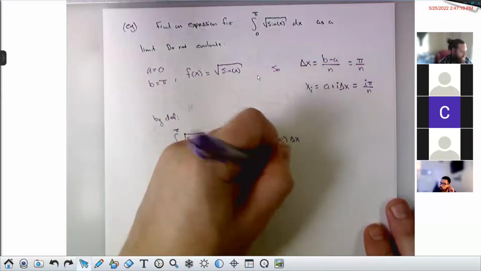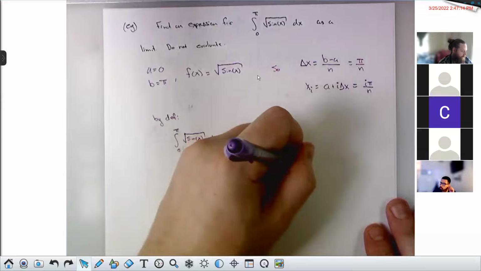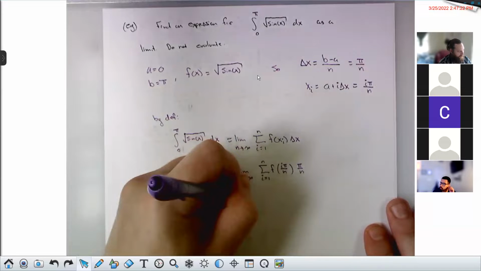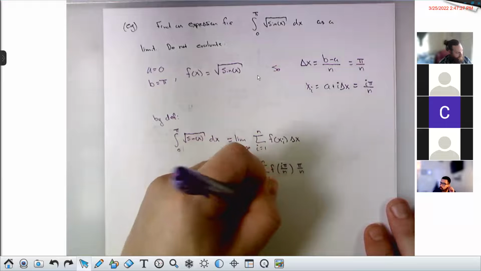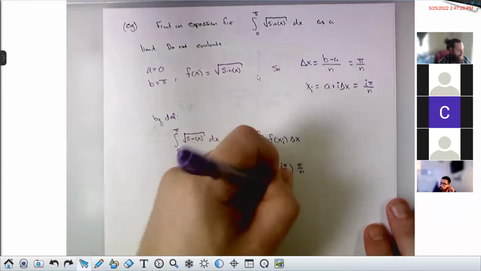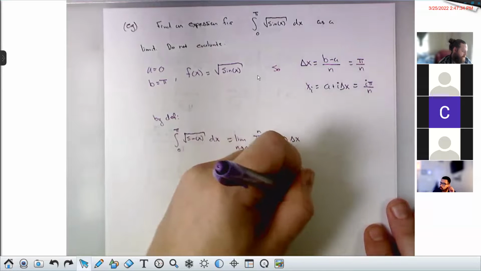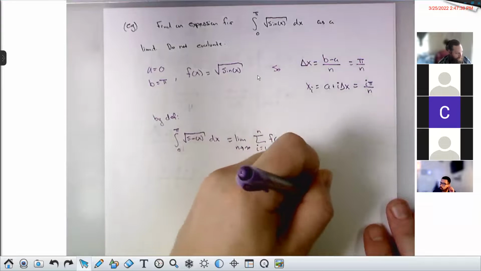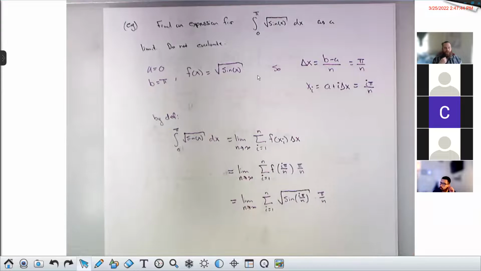The xi's are i times pi over n. And delta x is just pi over n. And finally, we know what the function f is. It's the square root of the sine of whatever is inside here. So square root of sine of i pi over n. And that would be our final answer.